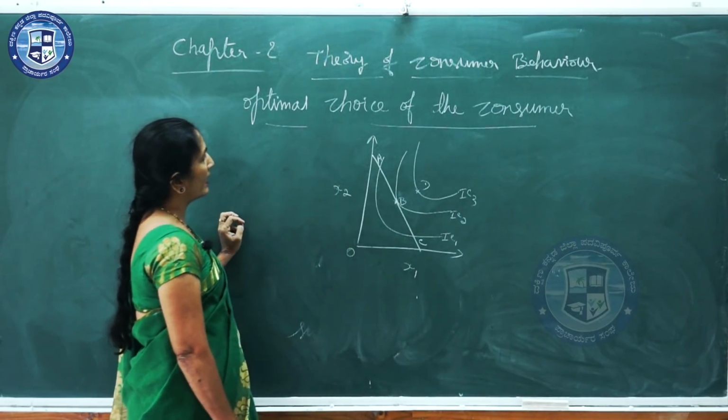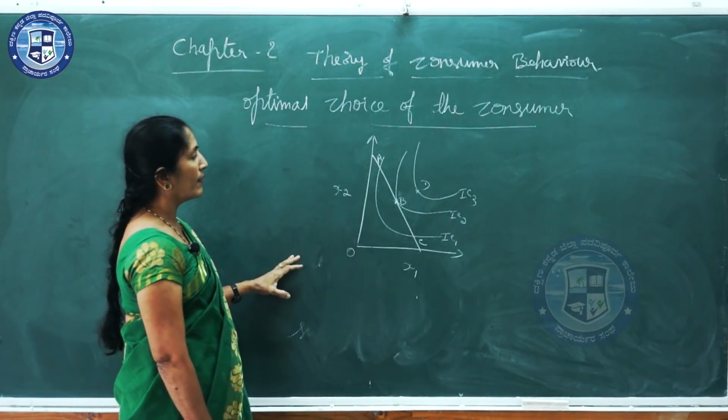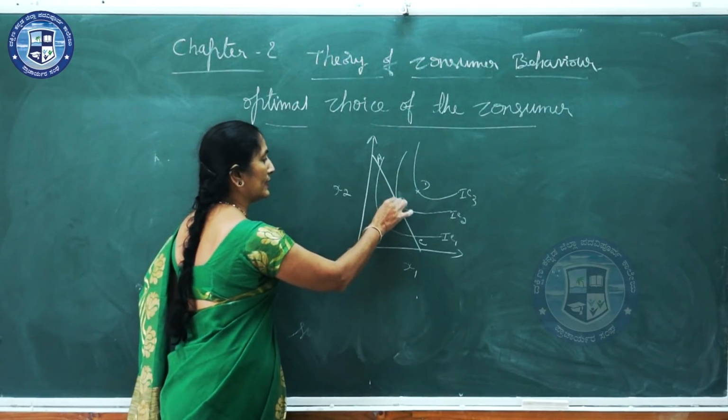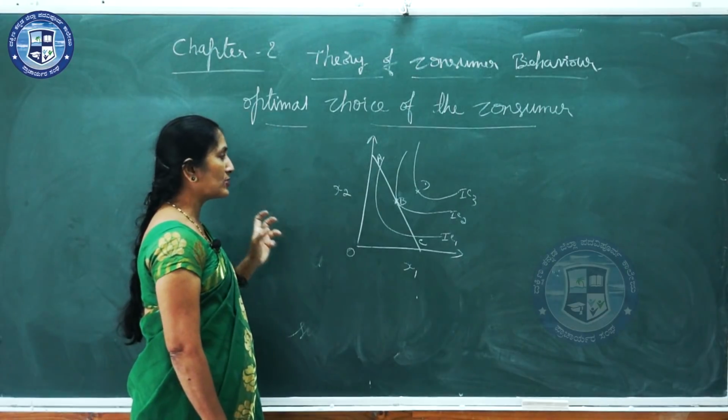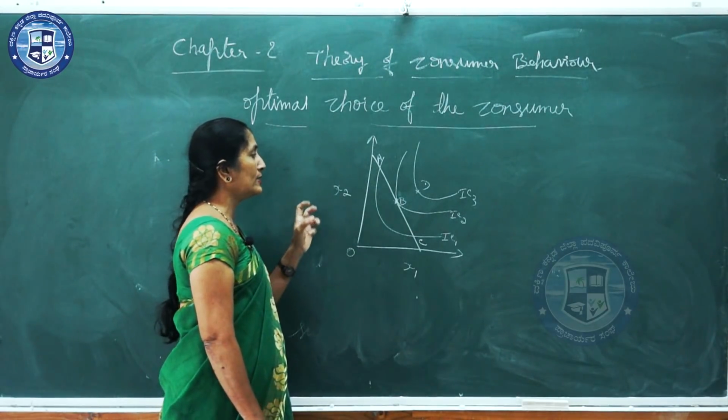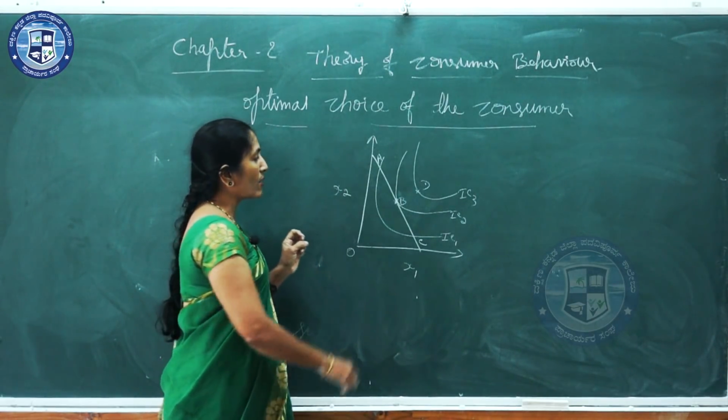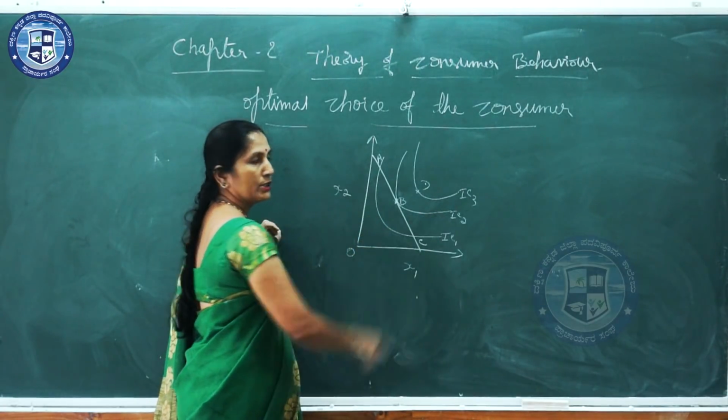So in this diagram, point B is the optimal choice; a rational consumer chooses point B, which lies on indifference curve 2.